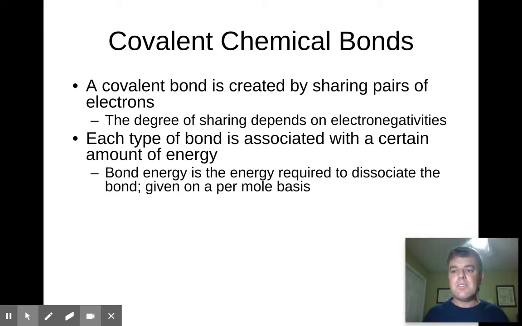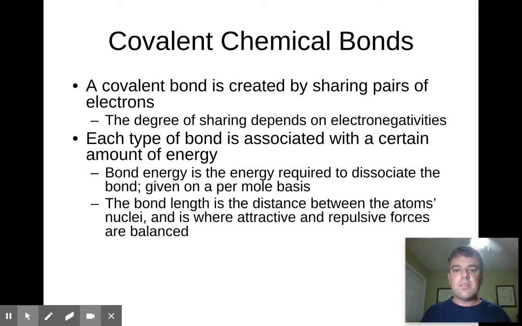So to break the bond, you have to put energy into it. That may seem counterintuitive, but that's the way it is. If it released energy for bonds to break, then every chemical bond would just fall apart because everything wants to move to low energy states. So it requires energy to break bonds.